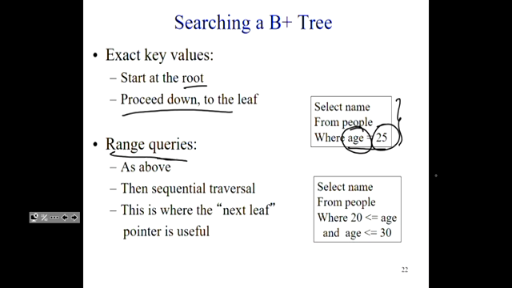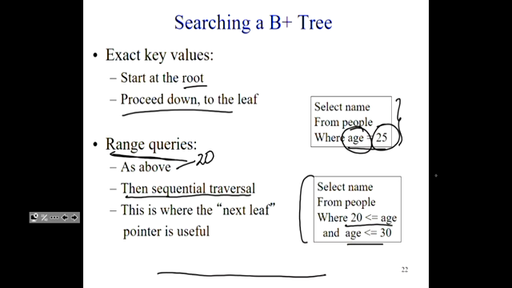If you have a range query, something like select name from people where age is between 20 and 30, you would do the same as you did here. You would start with 20 and then go all the way down to the bottom. Once you've gotten all the way down, you do sequential traversal at the leaves, right? So this is where the next leaf pointer is useful.